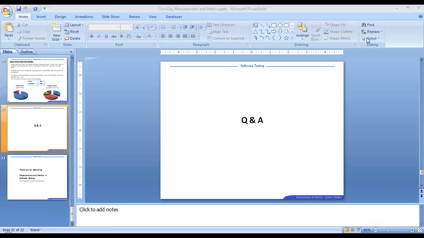Can you elaborate on requirement stability and requirement creep? Okay, let me put back the screen where we were looking at requirement stability and requirements creep.